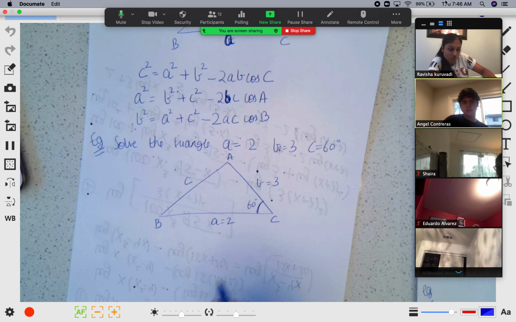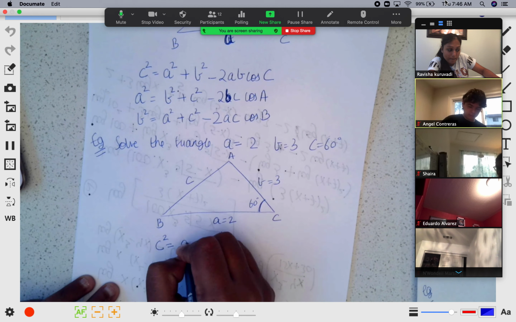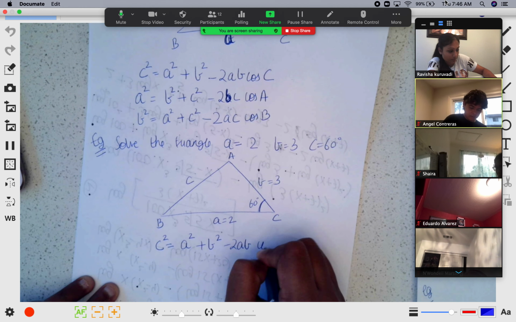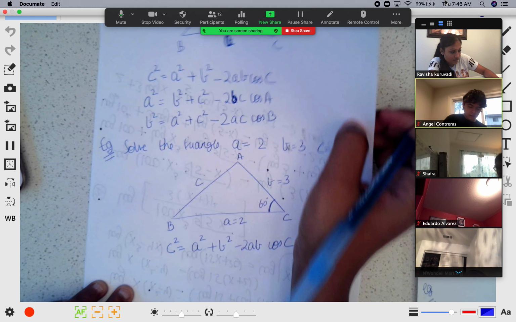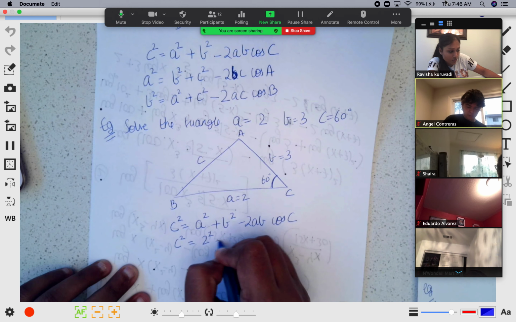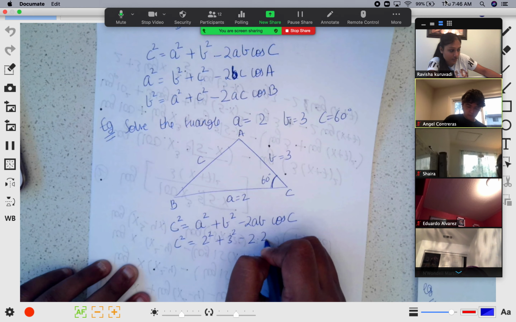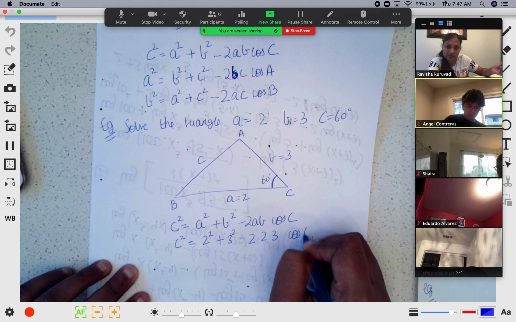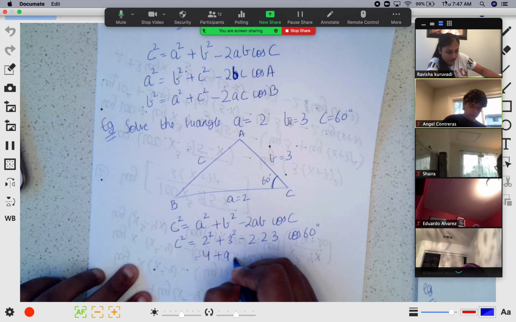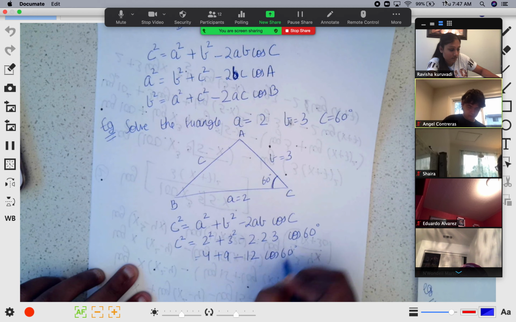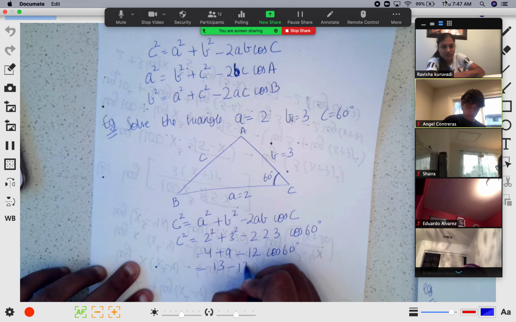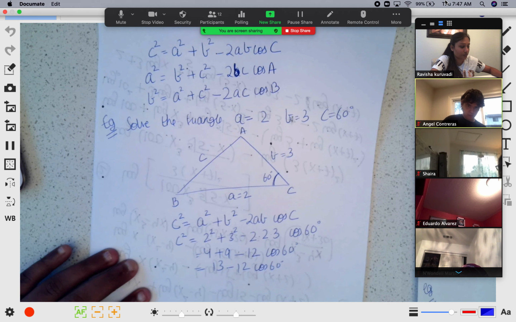C square is equal to A square plus B square minus 2AB cosine C. So C square is equal to 2 square plus 3 square minus 2 times 2 times 3 cosine of 60, which is 4 plus 9 minus 12 cosine 60. You get 13 minus 12 cosine 60 degrees, and you can use your calculator and find the value.